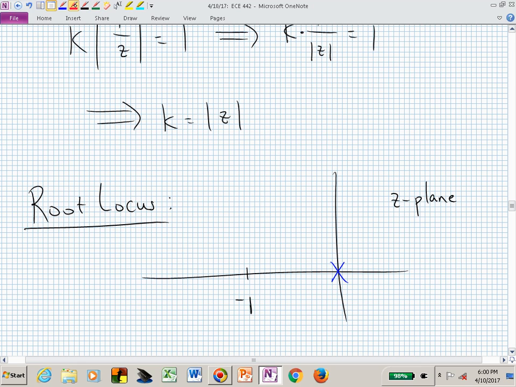So I can sketch my root locus. And what's the root locus tell me? That tells me all the potential closed loop poles as I adjust K from 0 to infinity. Where do I want my values of z to live if I want closed loop stability?